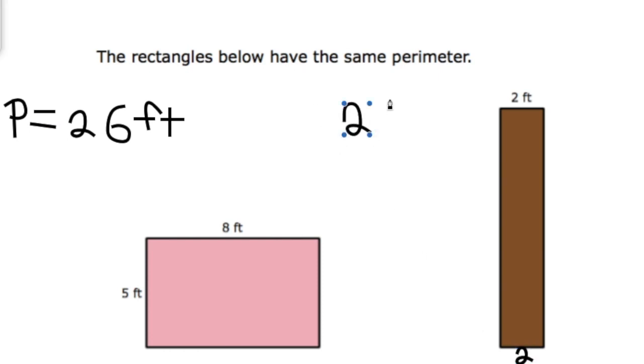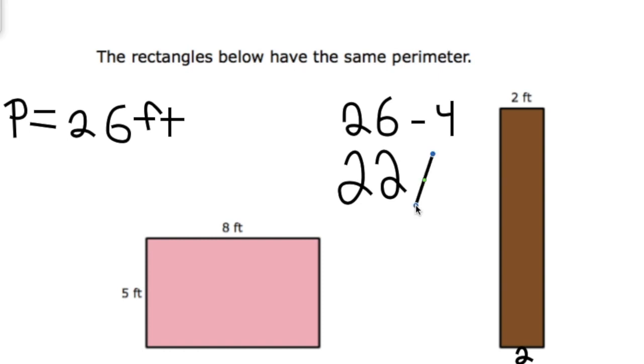So 26 minus 4 will leave us at 22. Now I have 22, and we know that that 22 has to belong to this length and this length. So 22 divided by 2 will leave us with 11.